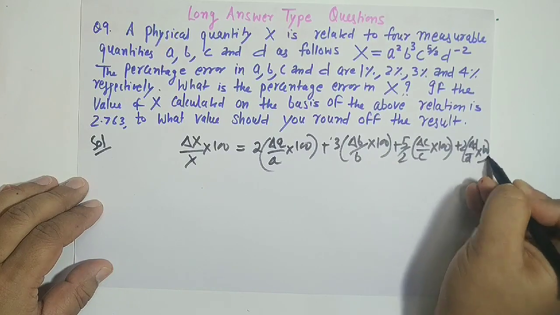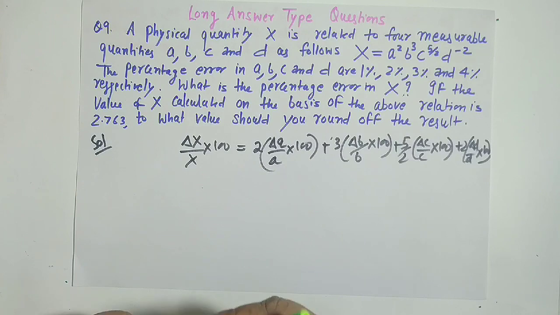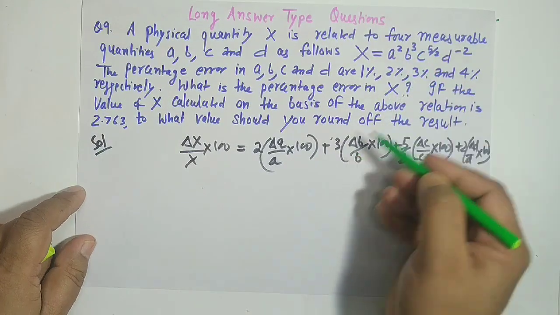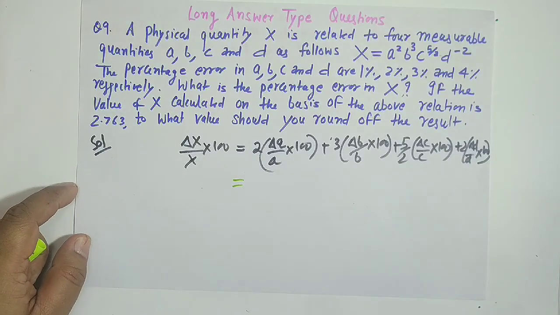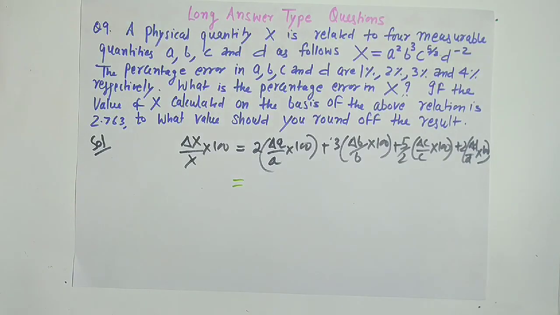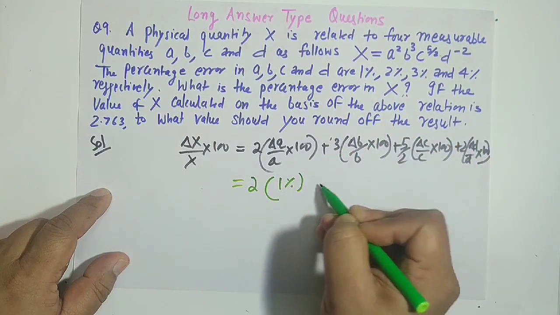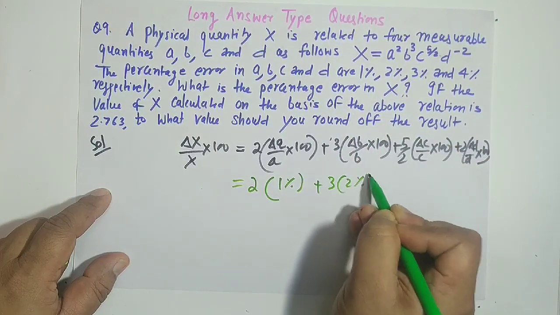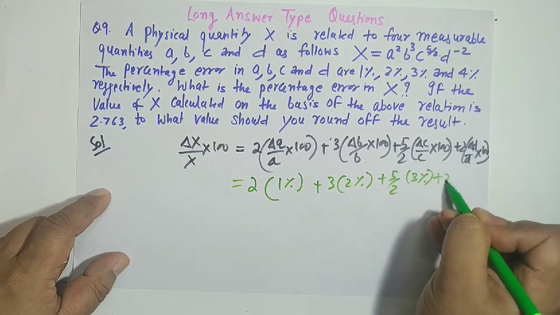Are you getting it? You have written in this form, A squared B cubed C to the 5 by 2 and this, and then I think the percentages are given directly here: 1%, the next one is 2%, the next one is 3%, and the last one is 4%.